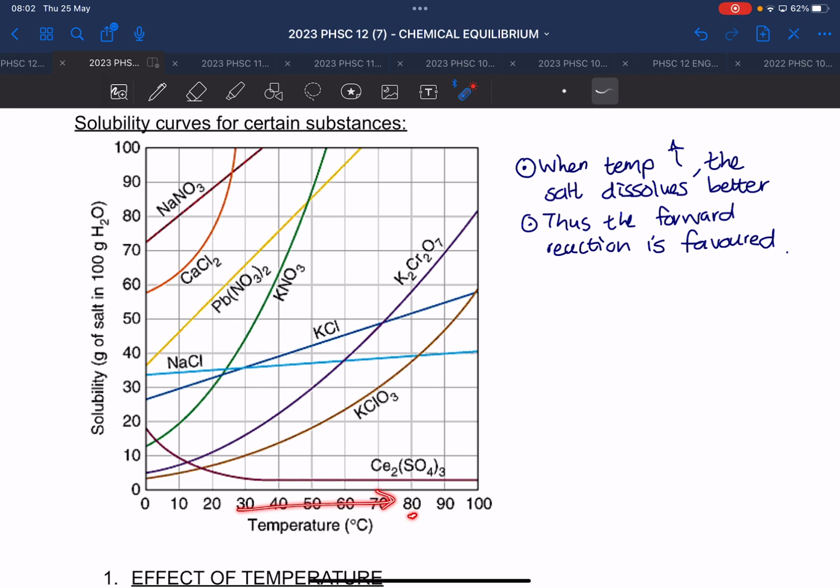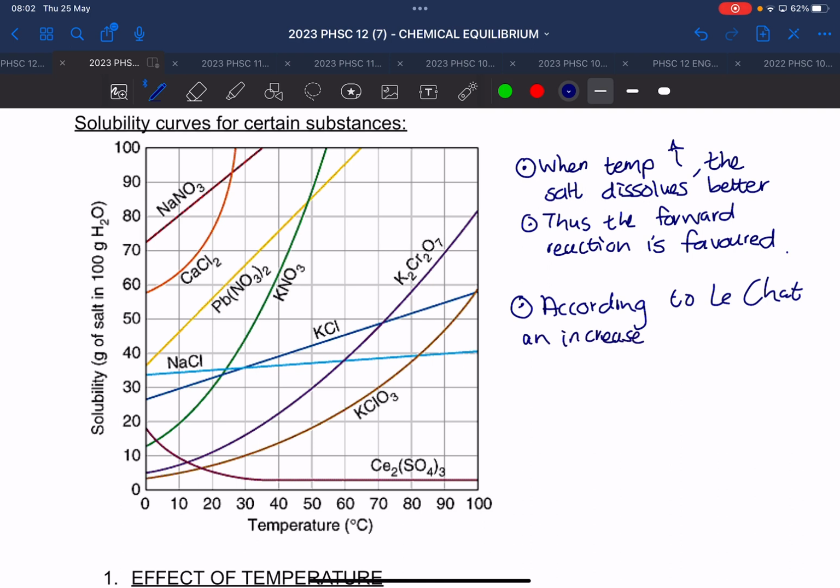Decrease the temperature. By doing what? Favors the endothermic reaction. So it means when it was heated, the endothermic reaction was favored. Yes? Okay? So we say, according to, now I'm going to abbreviate, Le Chatelier, an increase in temperature will favor the endothermic reaction.